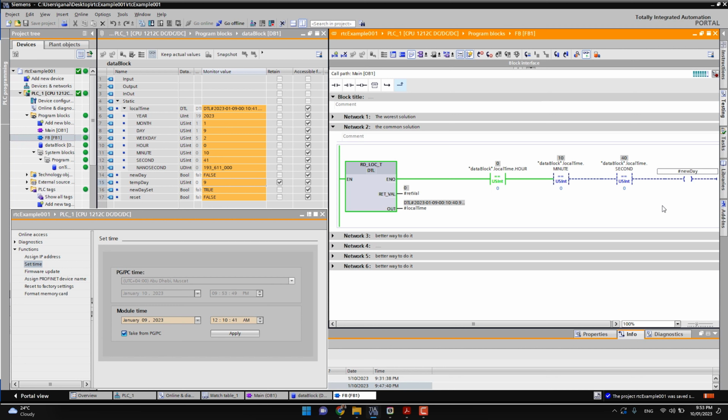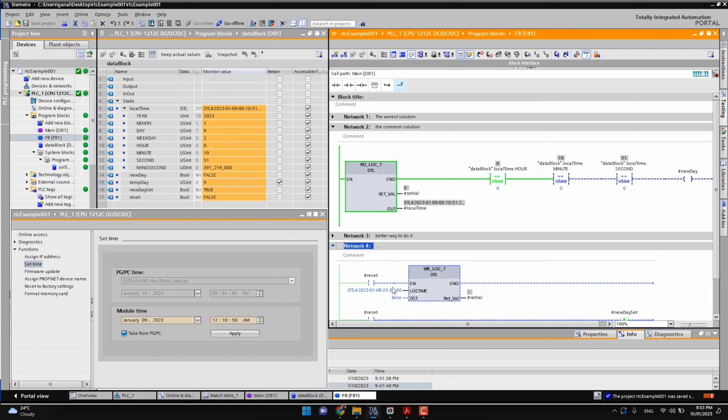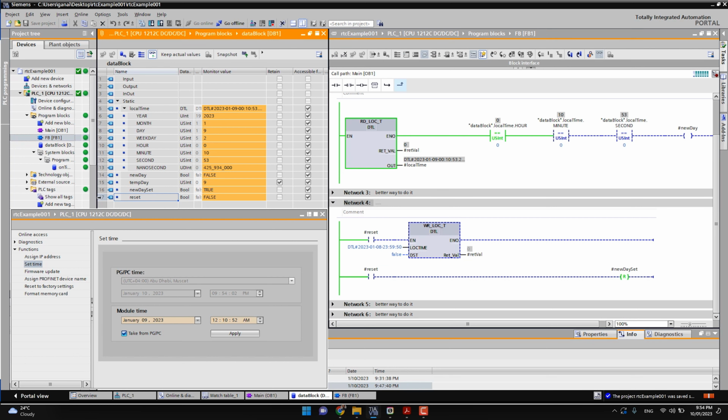I want to test this trigger, and just to make the testing much easier, I created a reset. As you see here, I have a reset, and this reset is writing to the local time 10 seconds before the 0 clock. As you see here, it is 11:59:50 p.m., which is 10 seconds before the 0 clock.